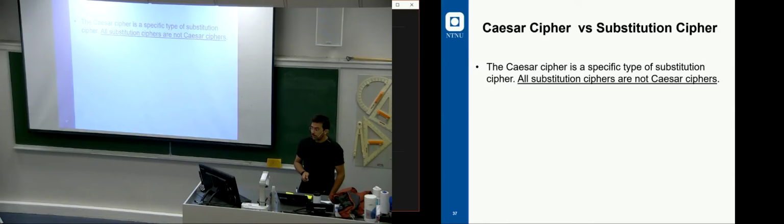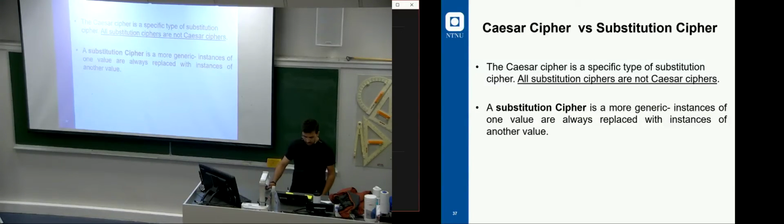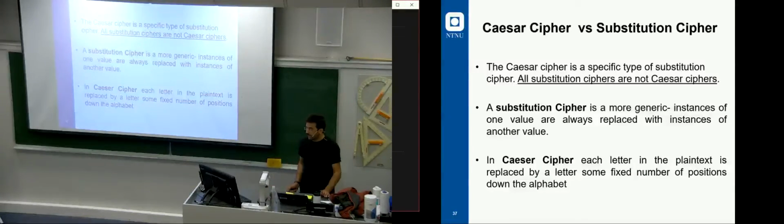Anything more about the difference between these two? Yeah, because you have a key, you have a single alphabet there, and that is known, you can convert everything back. And in Caesar cipher, each letter in the plain text is replaced by the letter some fixed number of positions, which we already said.